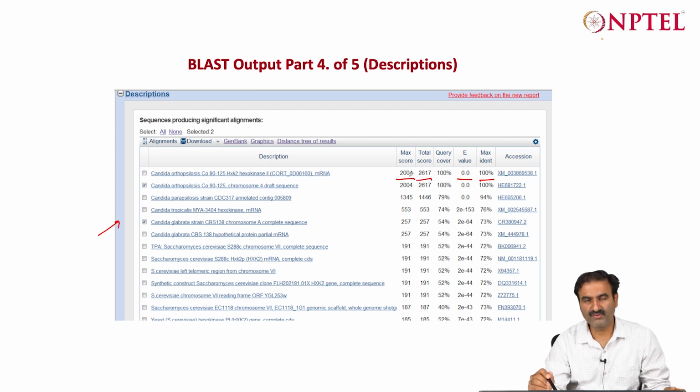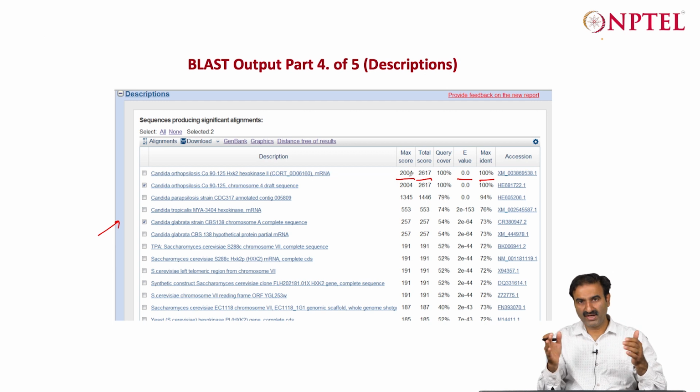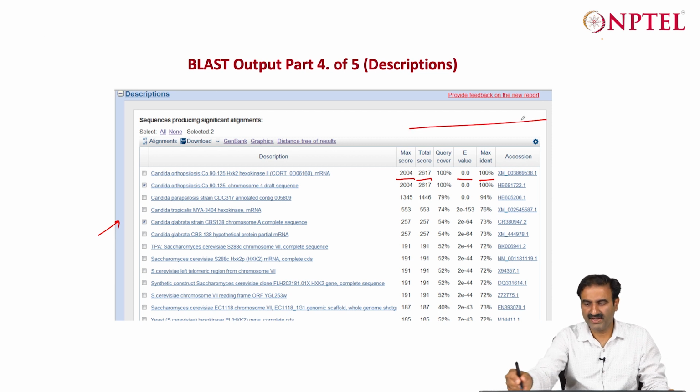Max score is the score of the best local aligned region, and there could be more than one local aligned region if the match was done partially. If there are 3 local aligned regions, one could have this score and the other 2 get the remaining scores like 400 and 217, and this could be 2004, so the total can be 2617.